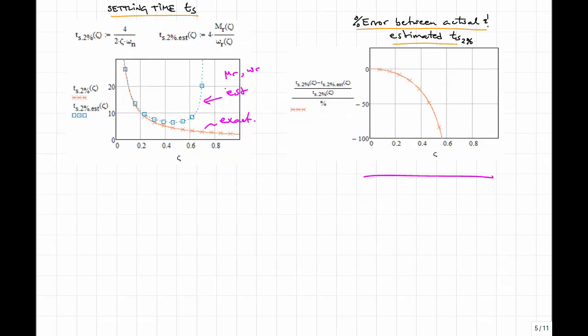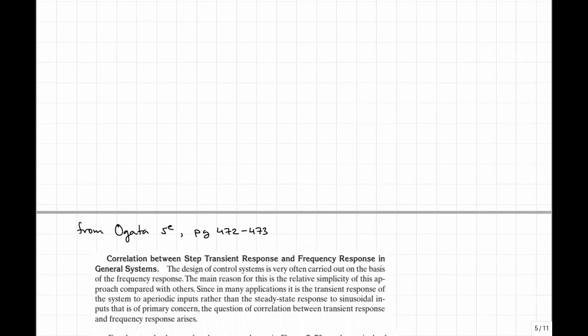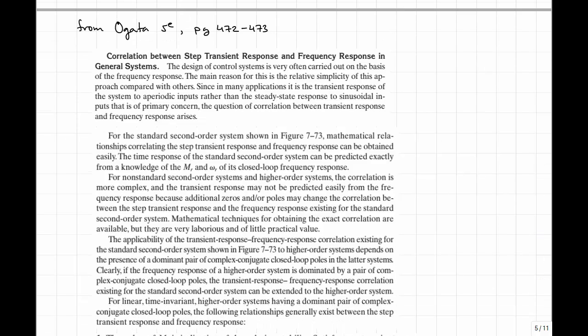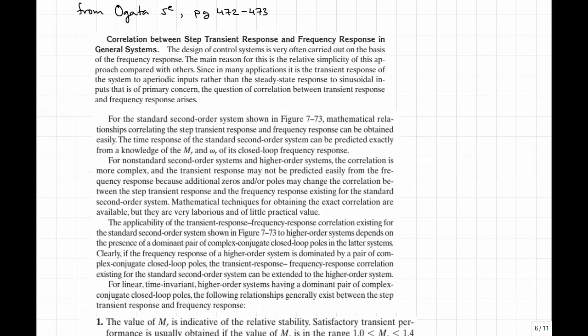and let me see if there's any more. Yeah, there's some other really relevant information that I'd point you to. I pasted in here, and it has to do with more general systems. So we've looked at second order here. I'm assuming you know first order from a previous video or lesson in class.